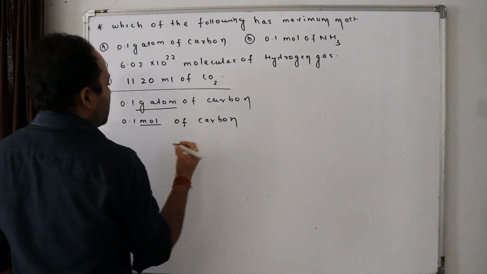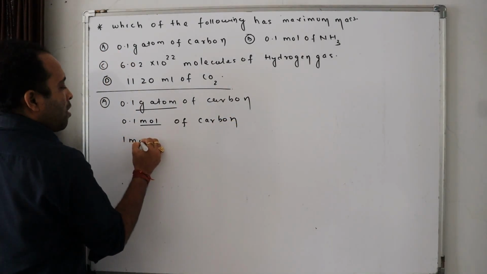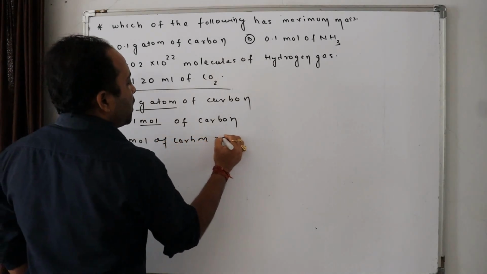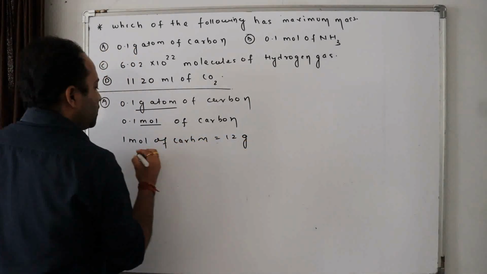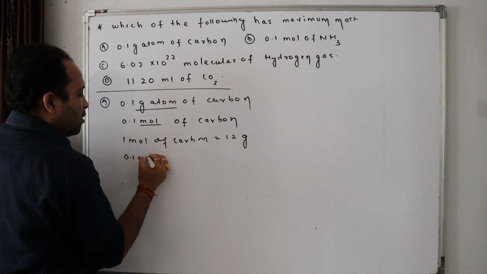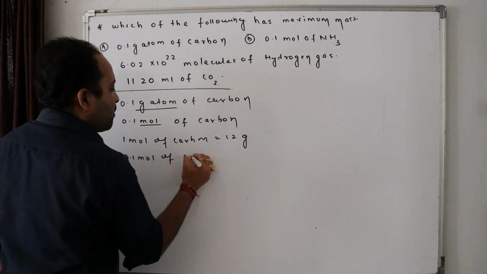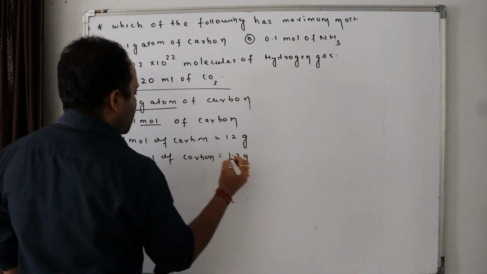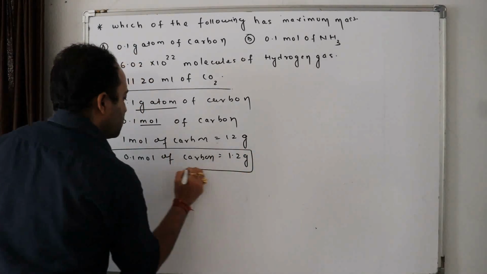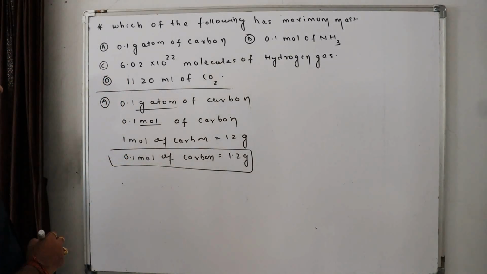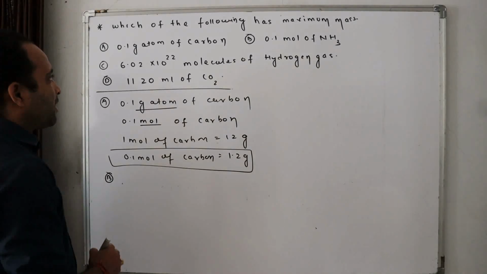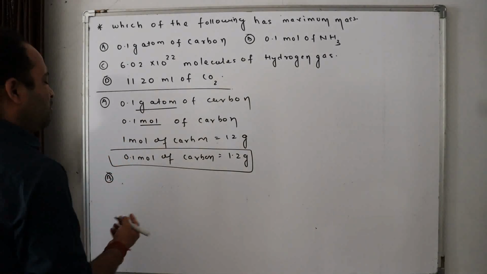Isn't it? What will be the mass? 1 mole of carbon is 12 grams, isn't it? So 0.1 mole of carbon will be 1.2 grams. So the first one is 1.2 grams. Next, B. What happens in the second option? 0.1 mole of ammonia.